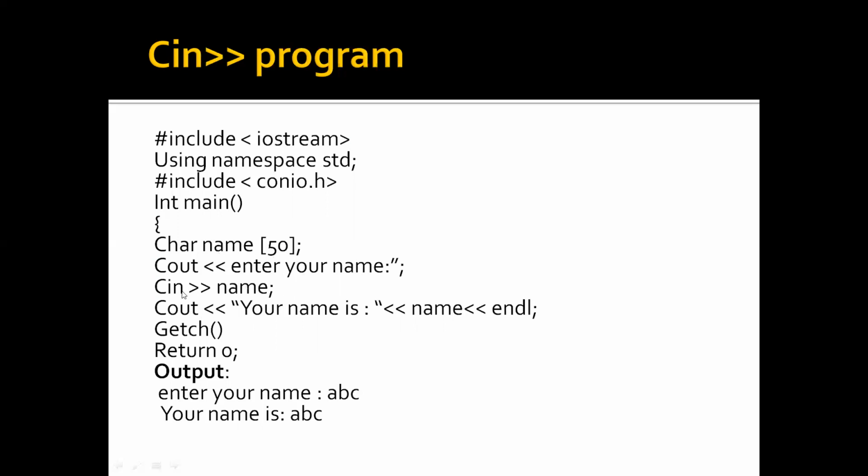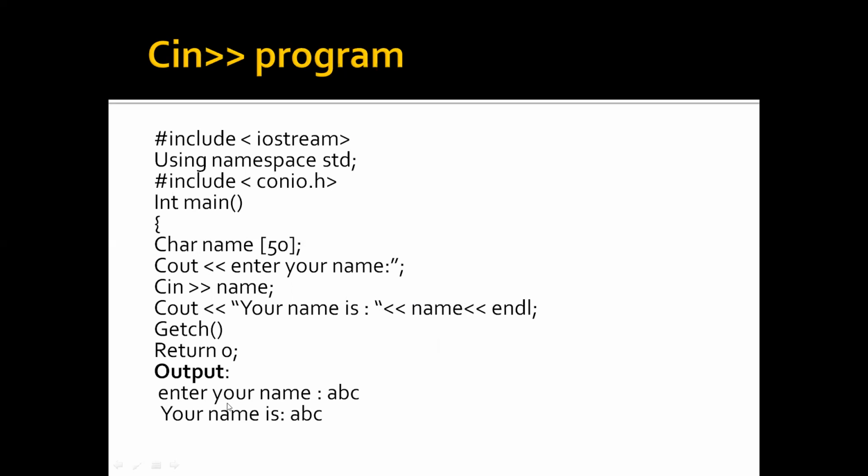That's why you give the extraction operator with name as a variable, and again you mention cout your name is name. Whatever name you have given from the keyboard will be printed in the place of name. endl, getch and return 0.